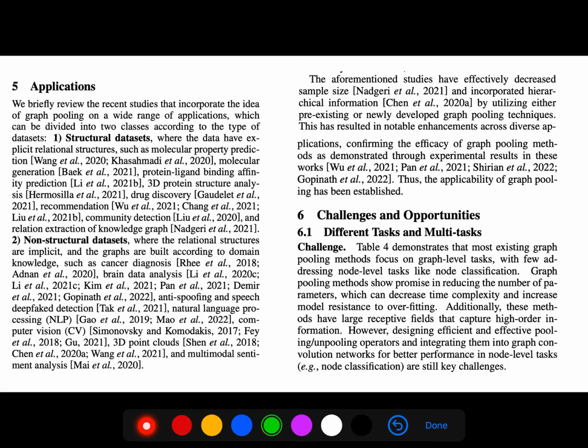And then we have non-structured datasets where relational structures are implicit, and the graphs are built according to domain knowledge, such as cancer diagnosis, brain data analysis, anti-spoofing, speech deepfake detection, natural language processing, computer vision.